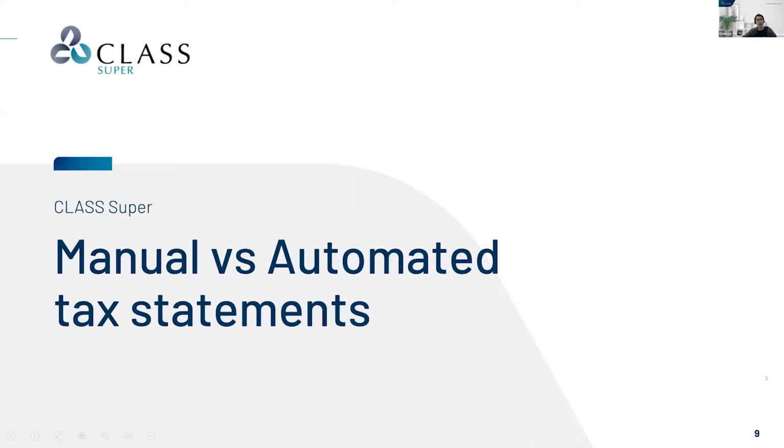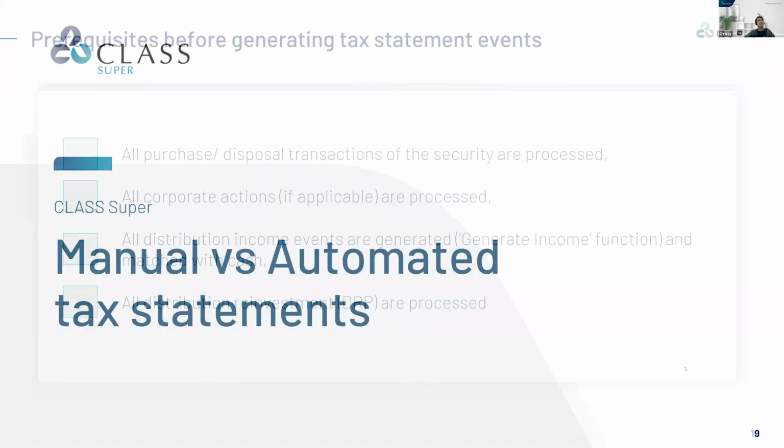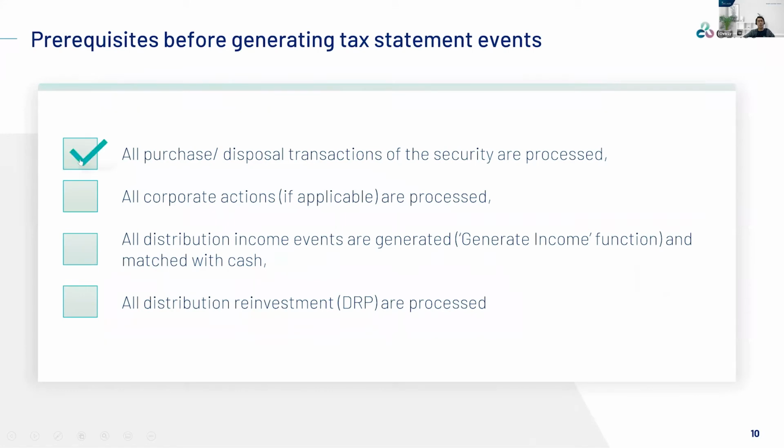Thank you, Kevin. In Class, if we process the distribution tax statement manually or the annual tax statement event using Class automation template, then we need to consider a few prerequisites. First of all, we need to ensure that all of the purchase or disposal business events of the security are processed.